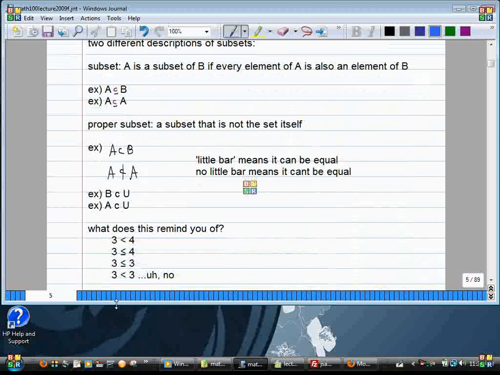Now, again, obviously it doesn't mean the same thing. We're talking about sets. But to answer your question, what means what, this is sort of a helpful reminder in case you forget. Okay, and of course, A is not a proper subset of A in the same way that 3 is not less than 3. So it's the same idea, but now we're applying it to sets.